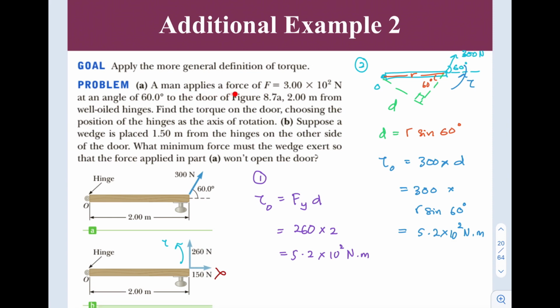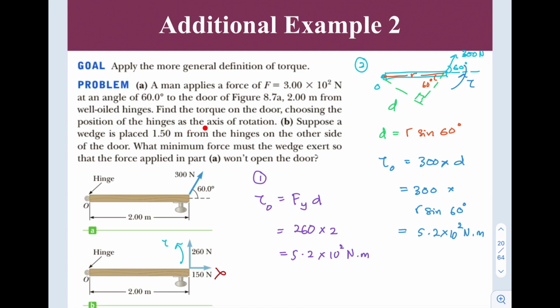So additional example 2. A man applies a force of 300 Newton at an angle of 60 degrees to the door in figure 8.7, 2 meter from the well-oiled hinge. So the hinge will be our axis of rotation.